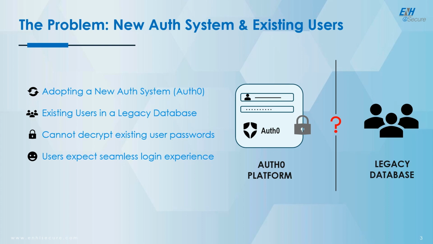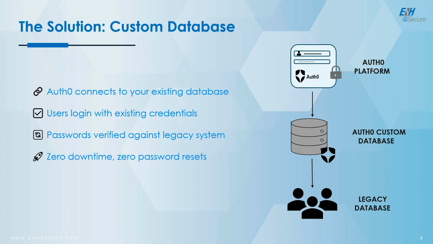Let's see the solution. So here's Auth0's elegant solution, custom database connection. Think of it as a smart bridge that connects Auth0 to your existing user store. But how does this actually work? Here's the beauty of it. Auth0 connects directly to your existing database using scripts that you write, which are custom Node.js functions.